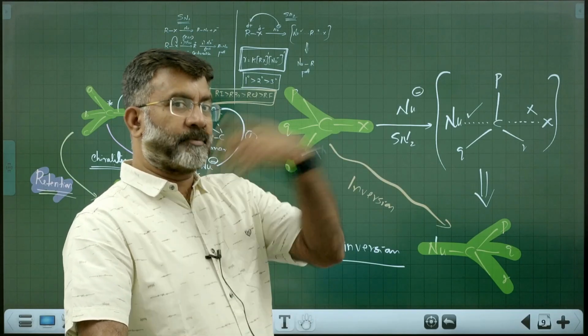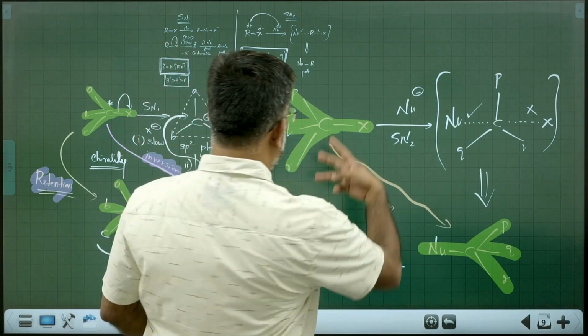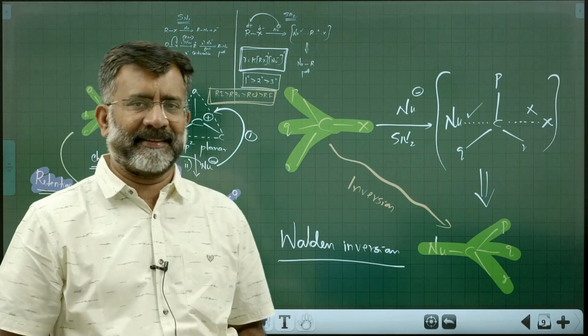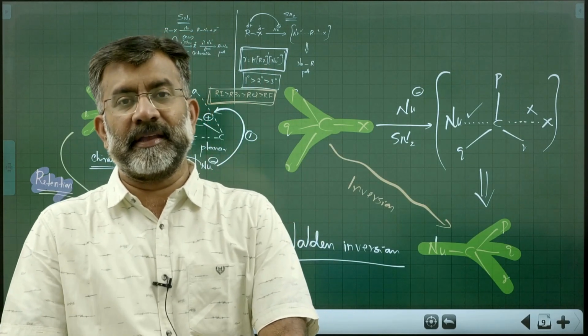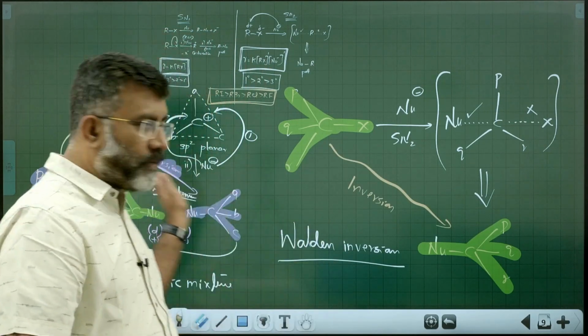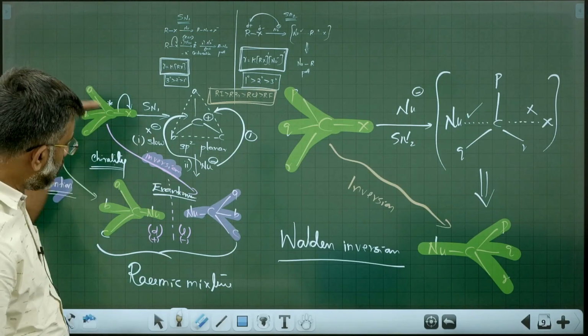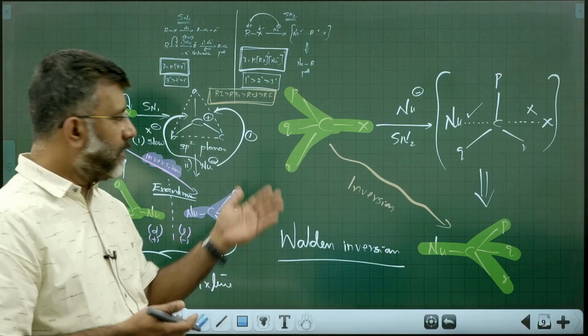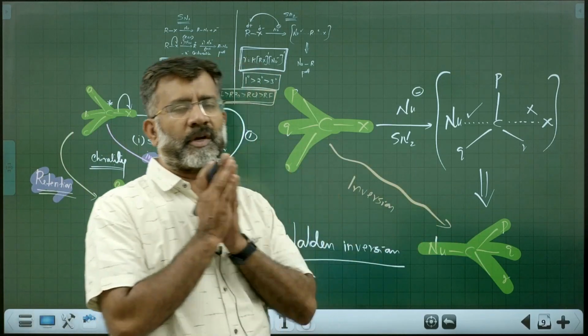An umbrella held like this turns like this. That is called inversion. In SN1 the scenario was 50-50 retention and inversion; here it is 100% inversion only.